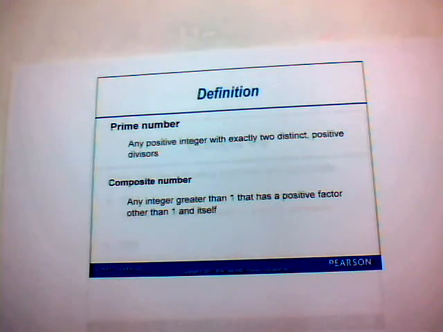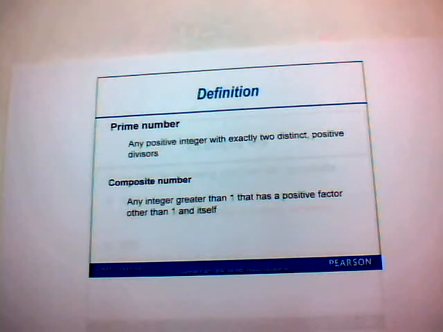So here we've got some definitions of what a prime number is and what a composite number is. A prime number is any positive integer with exactly 2 distinct positive divisors: the number itself and 1. That's it.